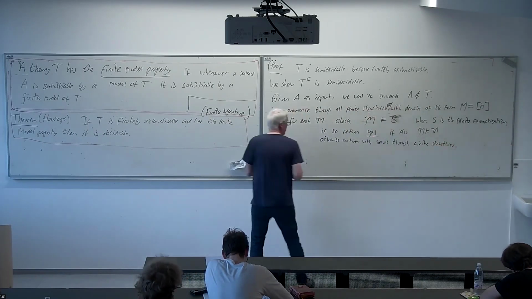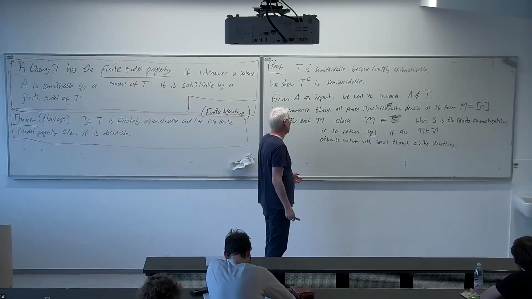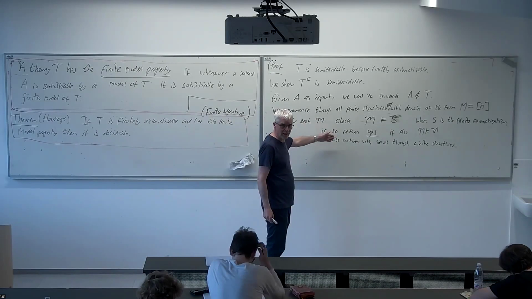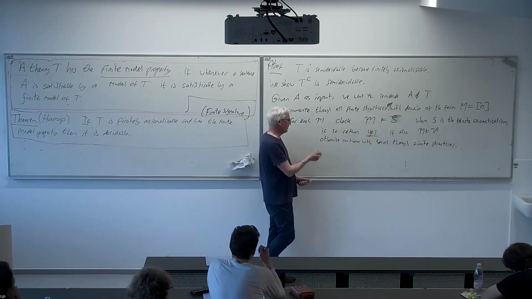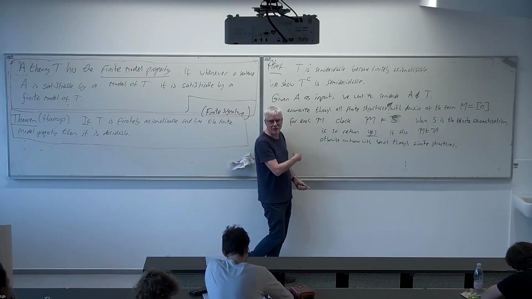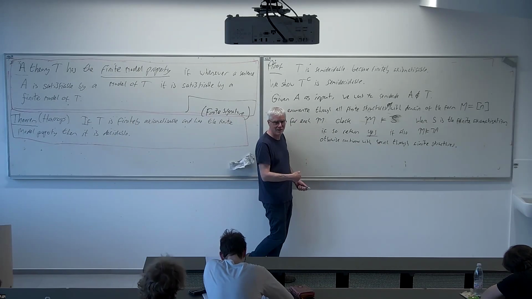Because we were only trying to define a semi-decision procedure, that's all right. We'll go through all the structures of size 1, of which there's only one, then all the structures of size 2, all the structures of size 3, all the structures of size 4 systematically. There are only finitely many for every size.